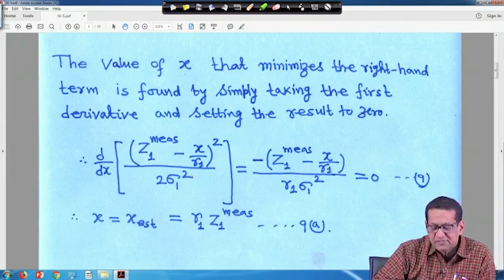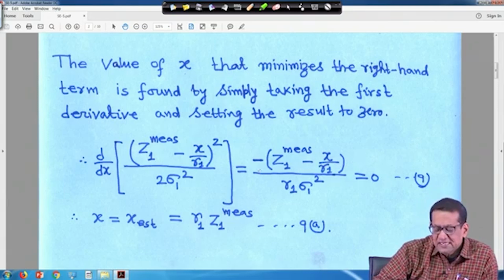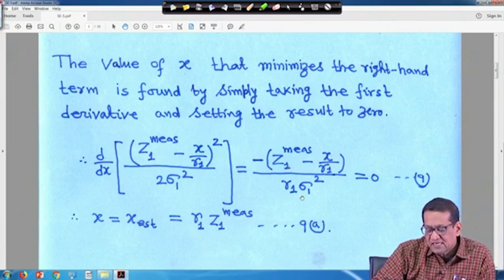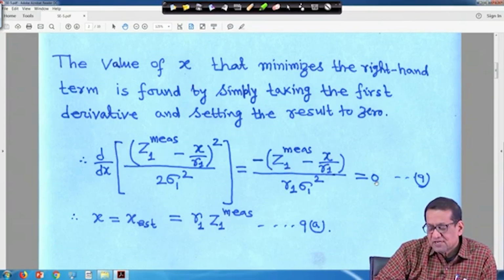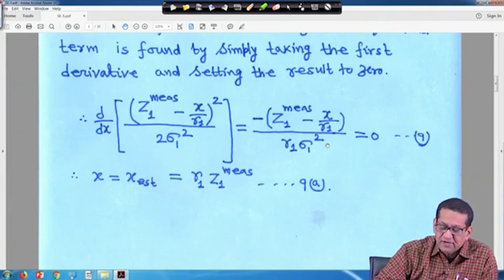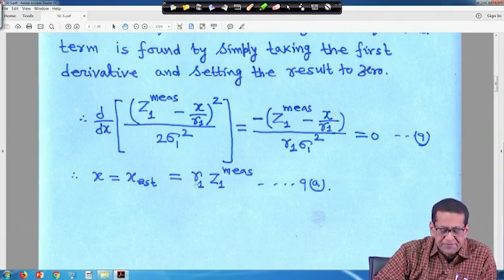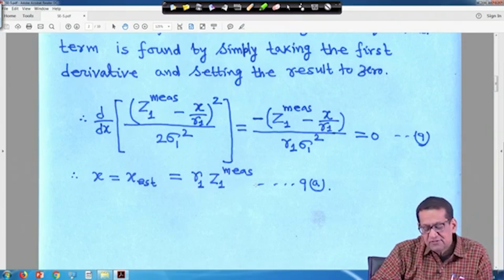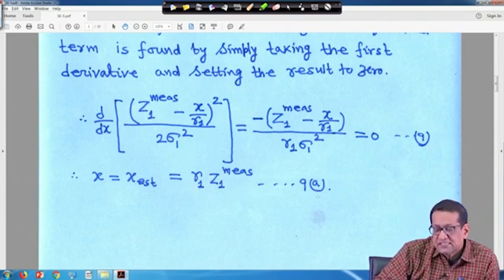In general it will come: minus (Z1 measure minus x upon r1) divided by r1 sigma 1 square is equal to 0. This is equation 9. Solving this, if you make x equal to x estimated, the estimated value is simply r1 into Z1 measure. This equation I have marked as 9a.